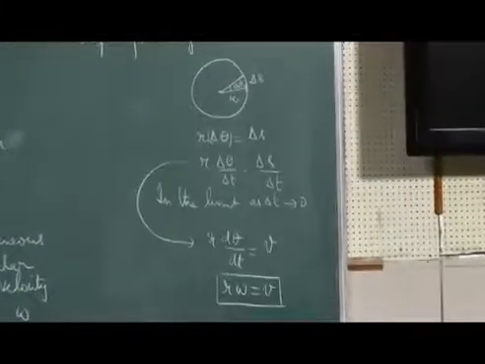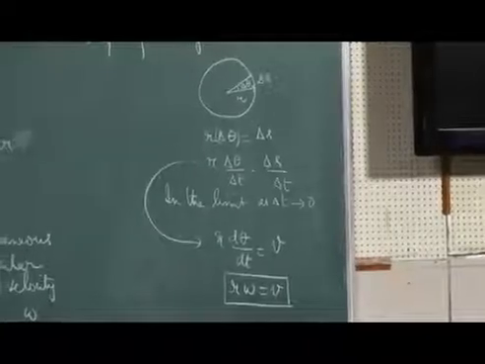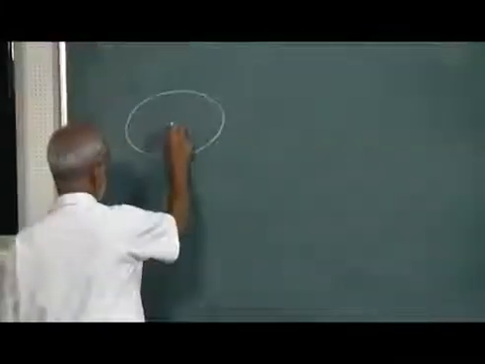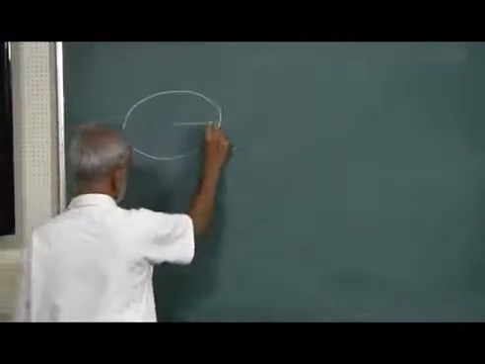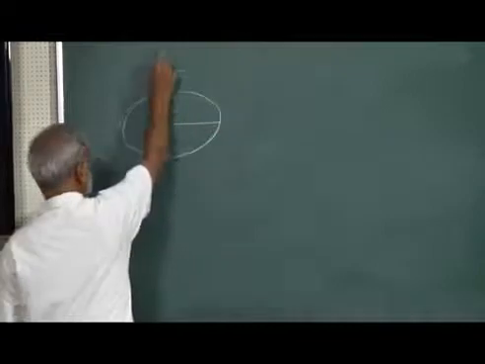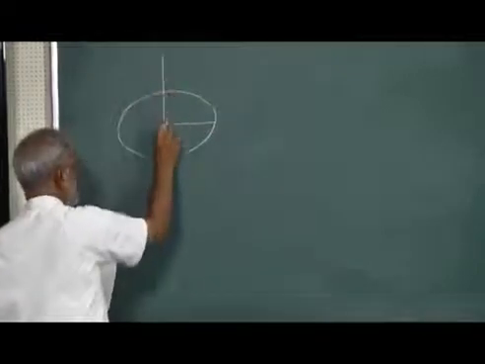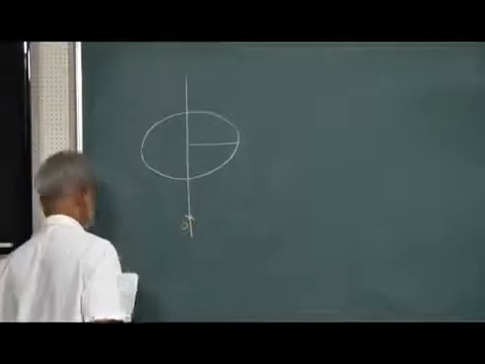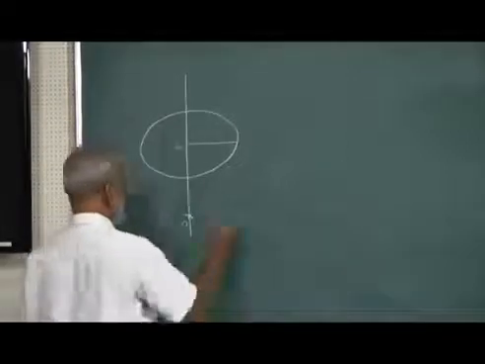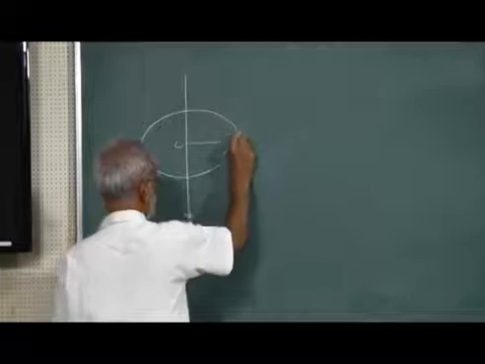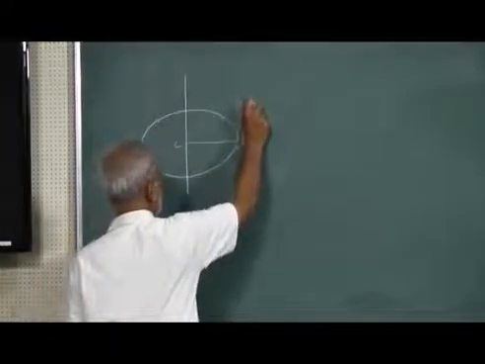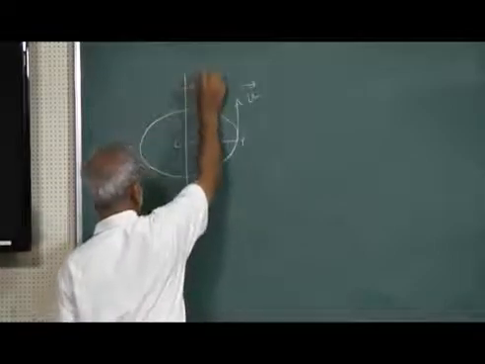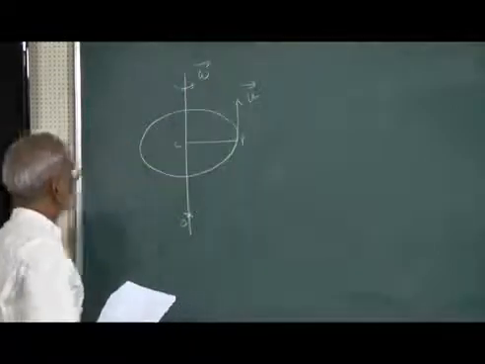Now we need to consider how v is a vector, omega is a vector. It looks like a circle because we are viewing from the side, and this is the fixed axis. I consider a particular point O, this is the point C, this is the point P. This is the direction of linear velocity, this is the direction of angular velocity, these things we have fixed.